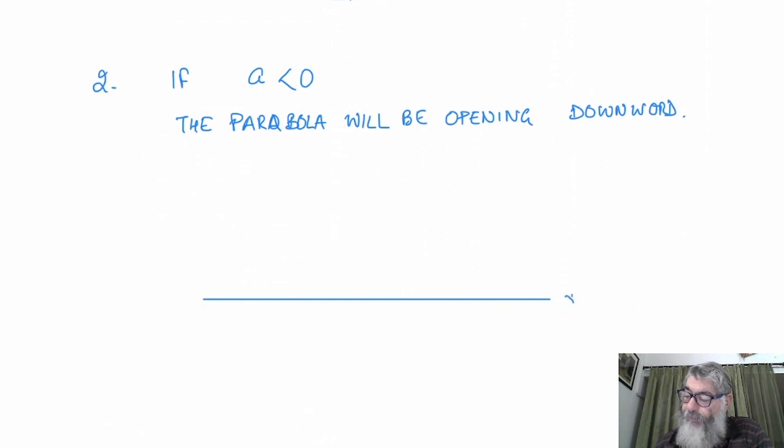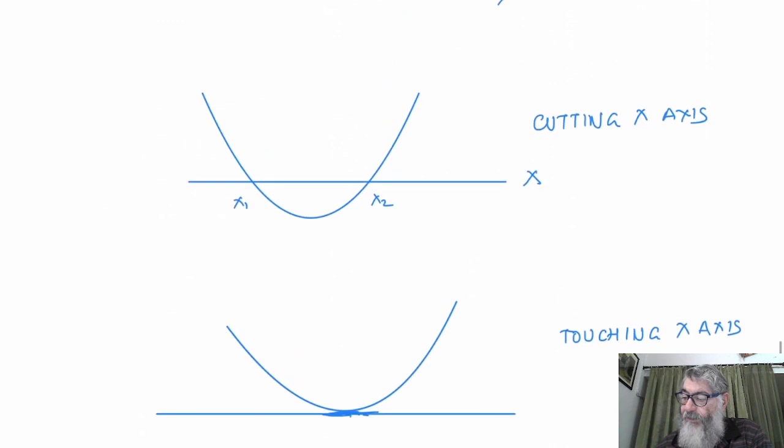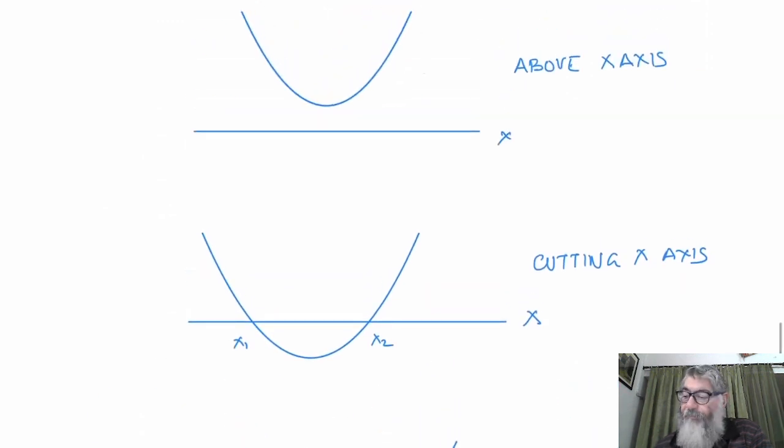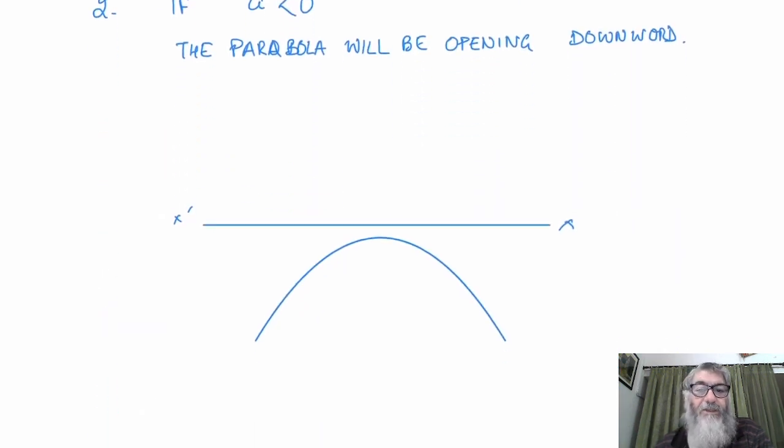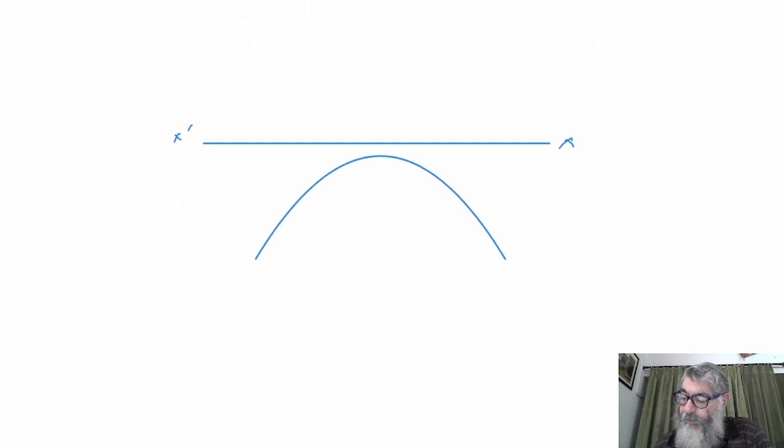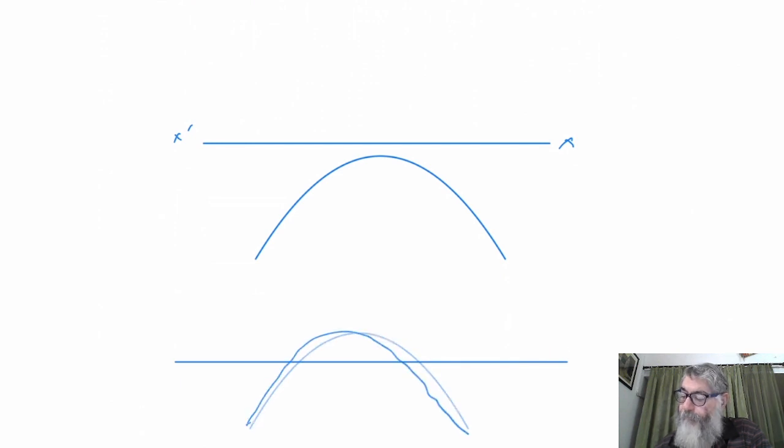Now, this is the x-axis. So parabola is totally below x-axis. Like in the first case, here parabola was totally above x-axis. Here parabola is totally below x-axis. It is not touching, it is not cutting x-axis. In the second case, suppose it is cutting x-axis at 2 points.